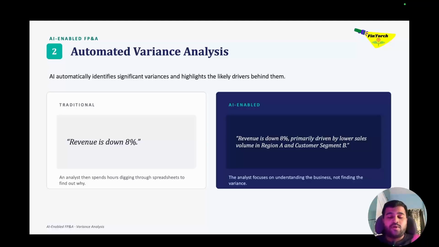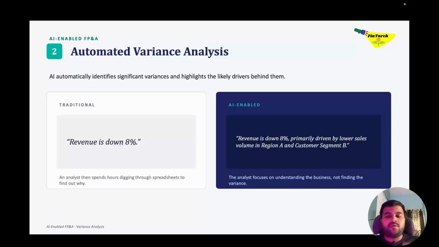But now with AI enabled variance analysis, it doesn't just stop and provide the information that revenue is down by 8%. It also gives the primary driving reason behind that, like why the revenue was down.